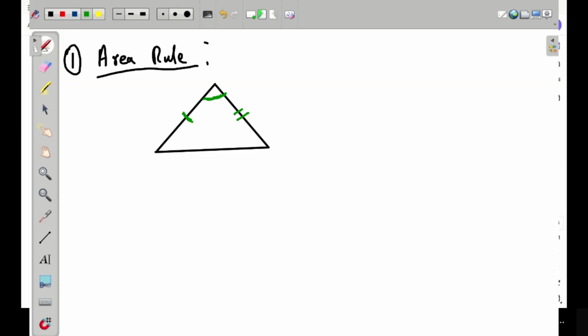So this angle must be included. All right? So if this is triangle ABC, then the area rule says to find the area of this triangle, you will go half AB times BC sine of the included angle, and that is angle B.